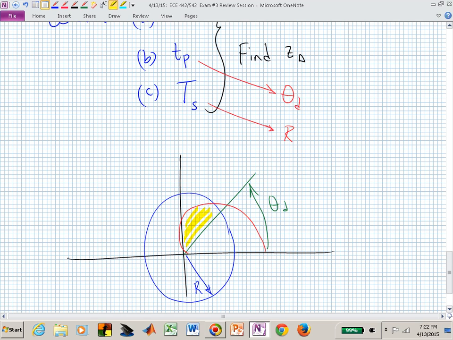Probably the quickest way to try to make them compatible is to shrink the radius if they're all sort of less than, versus trying to mess with zeta and the angle. It's probably quickest to just say, what happens if I collapse the radius? Then that's going to tighten up all of those others. But I might say something like, what if I now had a peak time more than something and a settling time less than something?